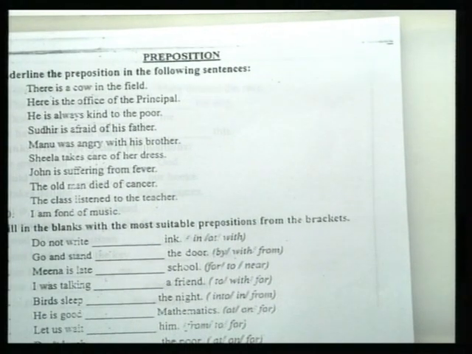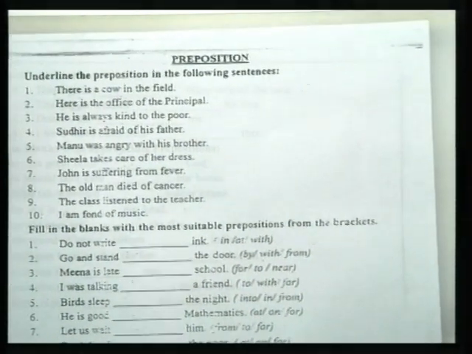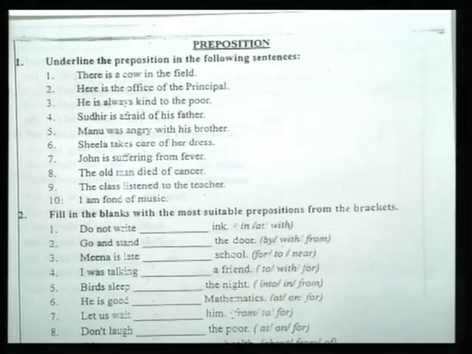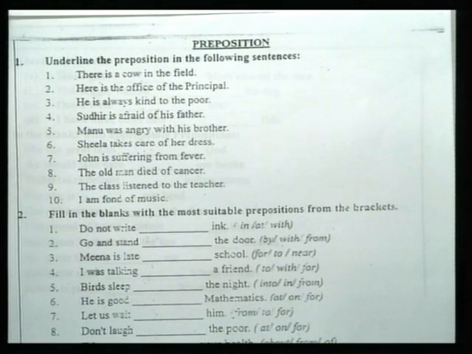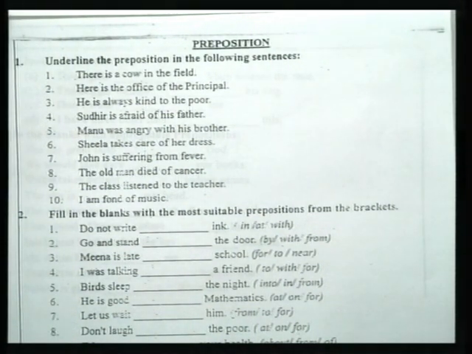Now, let me give you a few examples of prepositions. Let us solve a small exercise to make you more clear in the prepositions. With the help of this, you are able to understand them in depth.